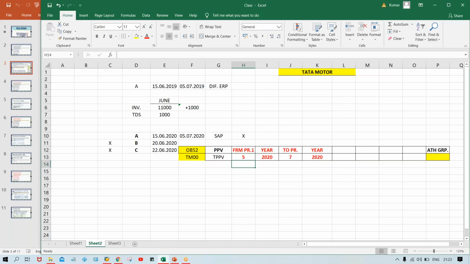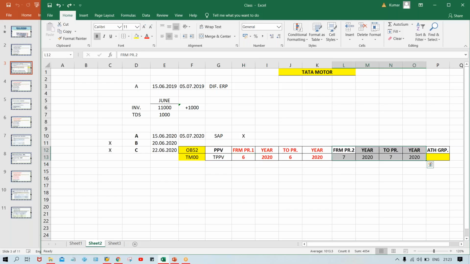So what is happening? The fifth period got open, but even the sixth also got open. 5 to 7 means 6 is coming in between. So the requirement was that the fifth is supposed to be open and 7 is supposed to be open, but 6 should not be open. So in that case, what is happening?